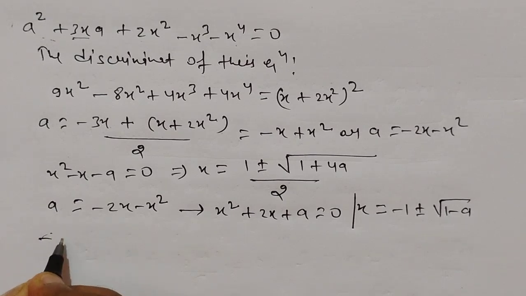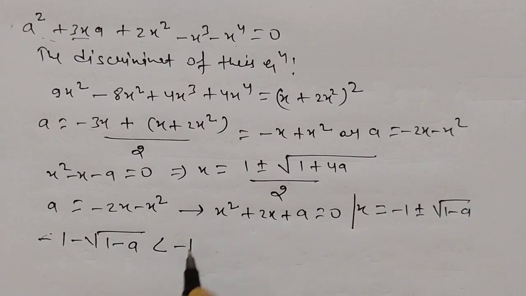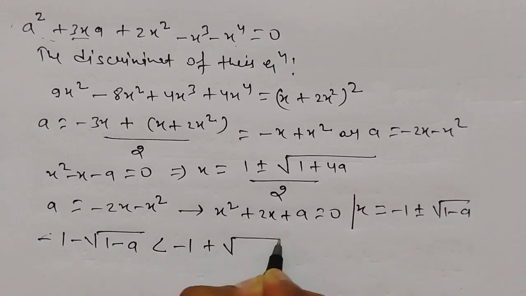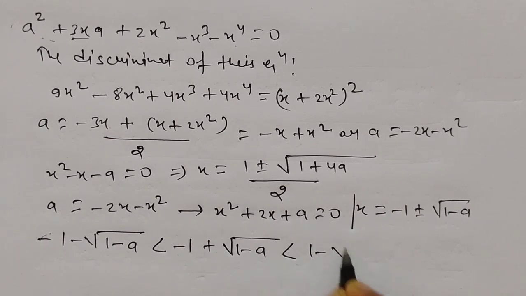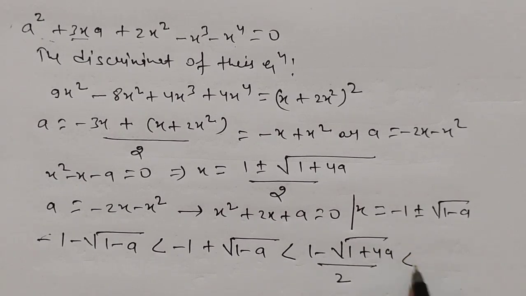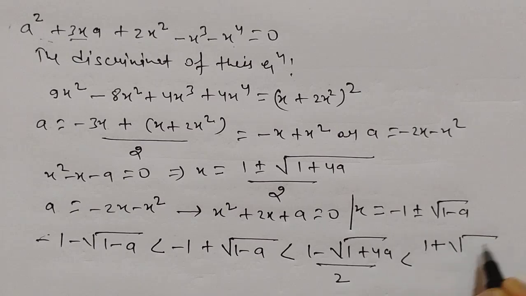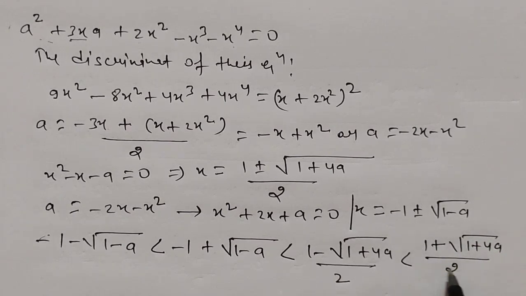This will be like minus 1 minus square root of 1 minus a is less than minus 1 plus square root of 1 minus a, and this is less than 1 minus square root of 1 plus 4a by 2, and this is less than 1 plus square root of 1 plus 4a by 2.